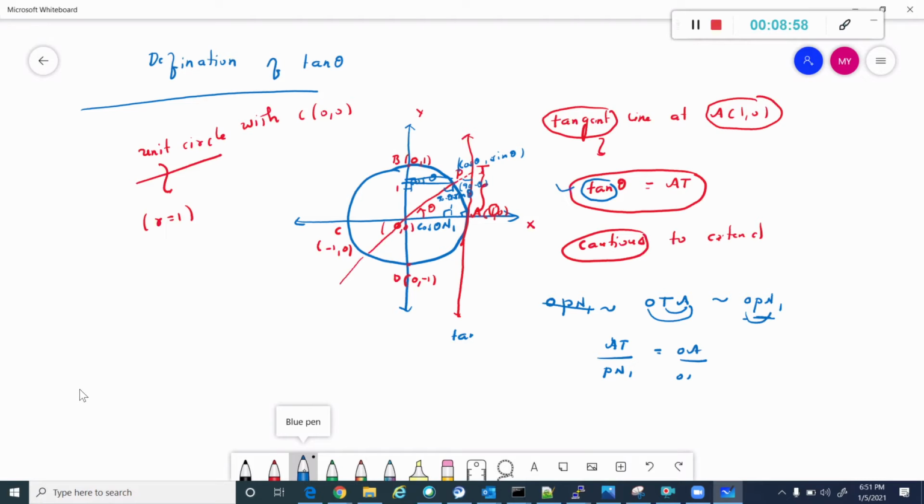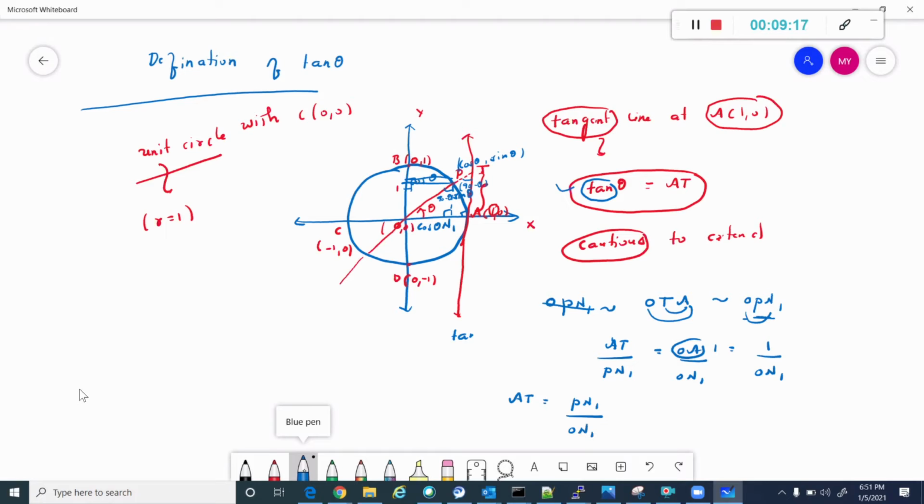Yes, sir. Here this is a unit circle, so this value is 1. So 1 by ON1, your AT is equal to PN1 by ON1, right?